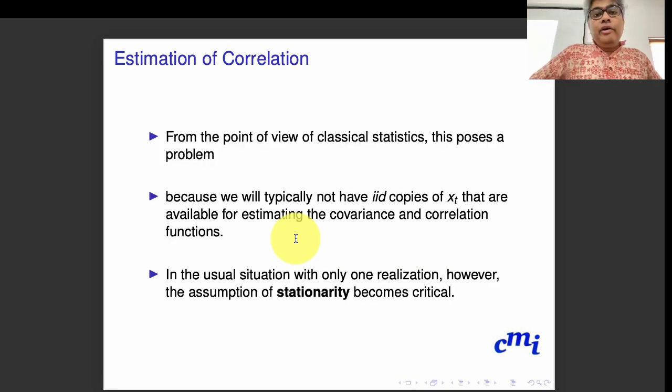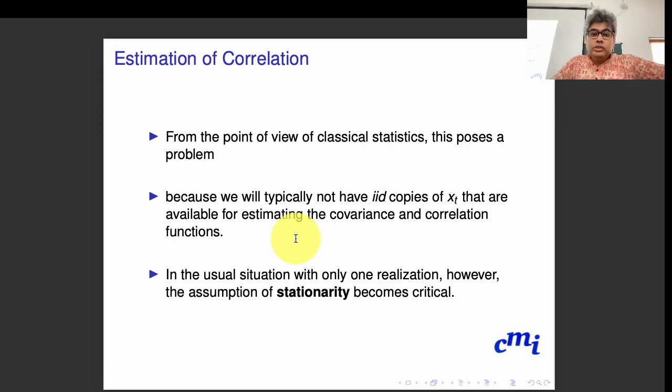From the point of view of classical statistics or frequentist statistics, this poses a problem, because we will typically not have IID copies of X_t that are available for estimating the covariance and correlation.